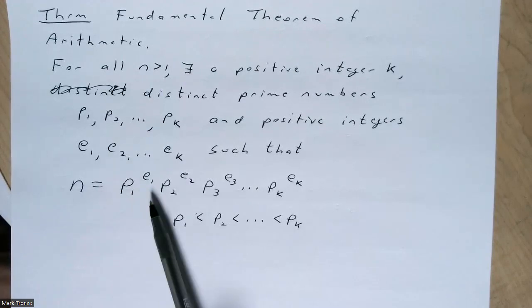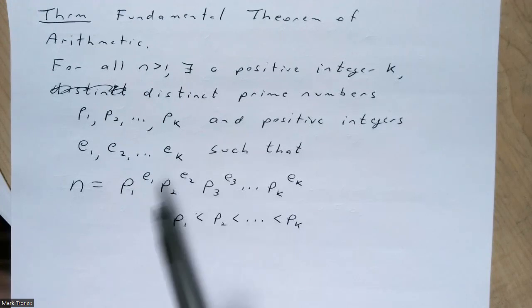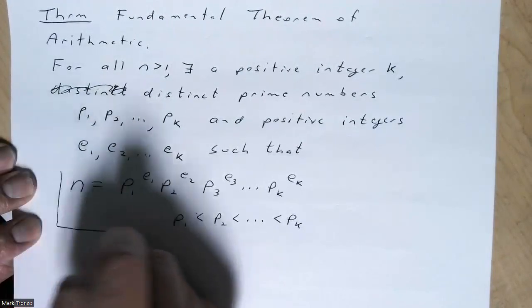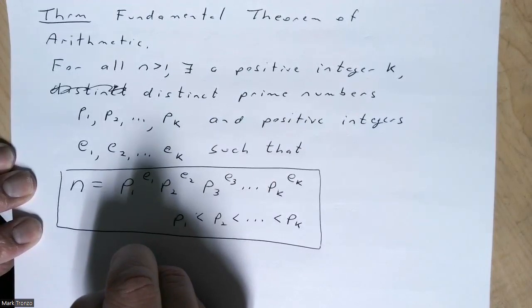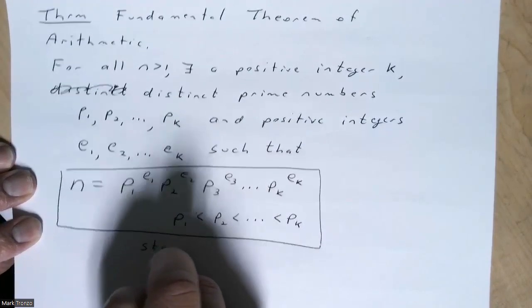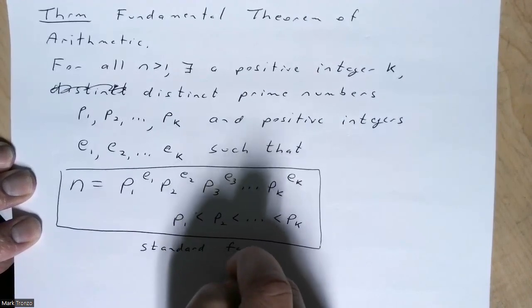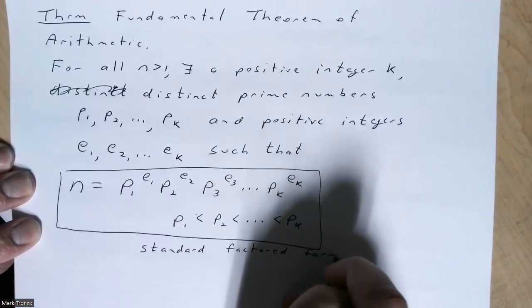You can always write it as a product of primes to a power. And this form right here is called the standard factored form.